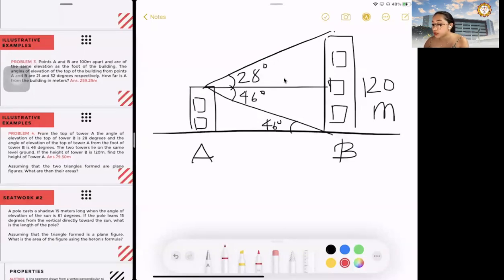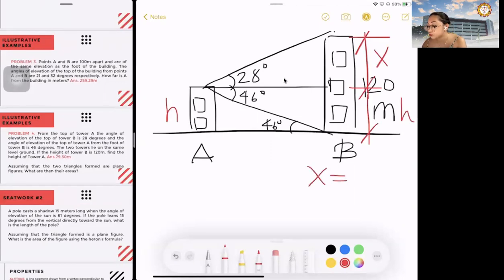So what we're looking for is H, okay? So meaning to say, if we will call this as X, the height of this one is H, right? Okay, sorry.